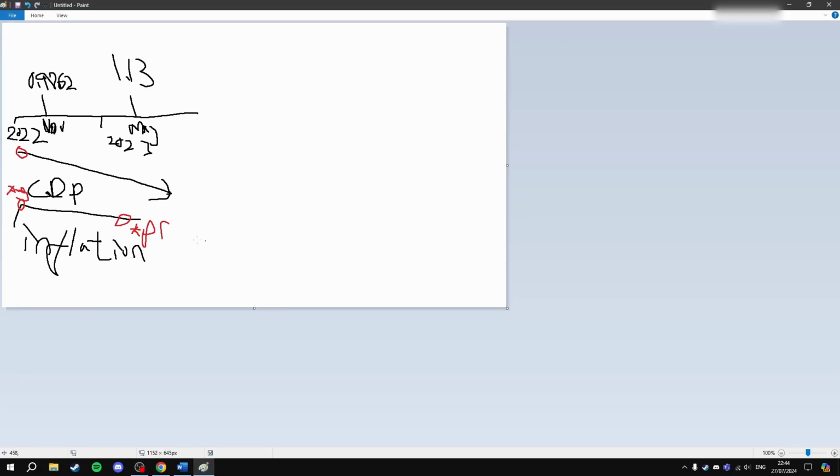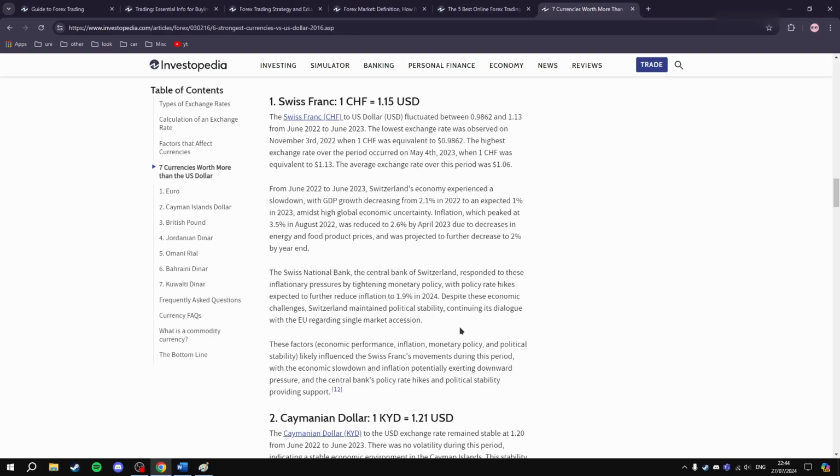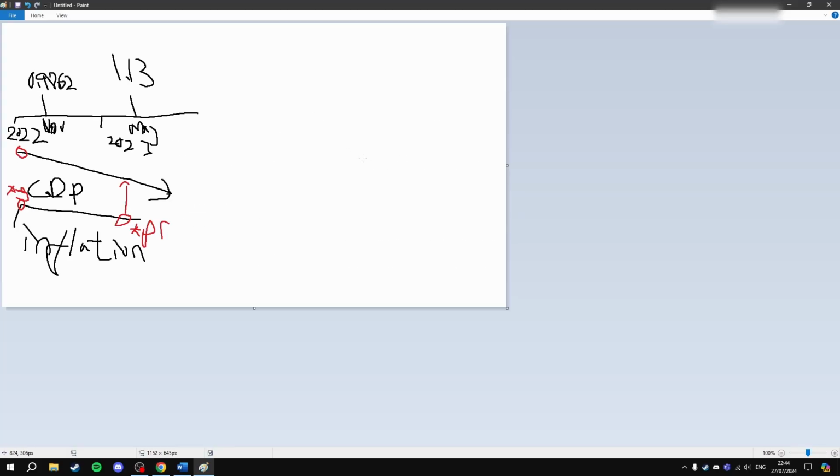So inflation is going down, which means there's going to be more purchasing power for the foreign investors. So they're hoping that would offset the decrease in GDP, and also the political stability gives an attractive outlook for foreign investors.